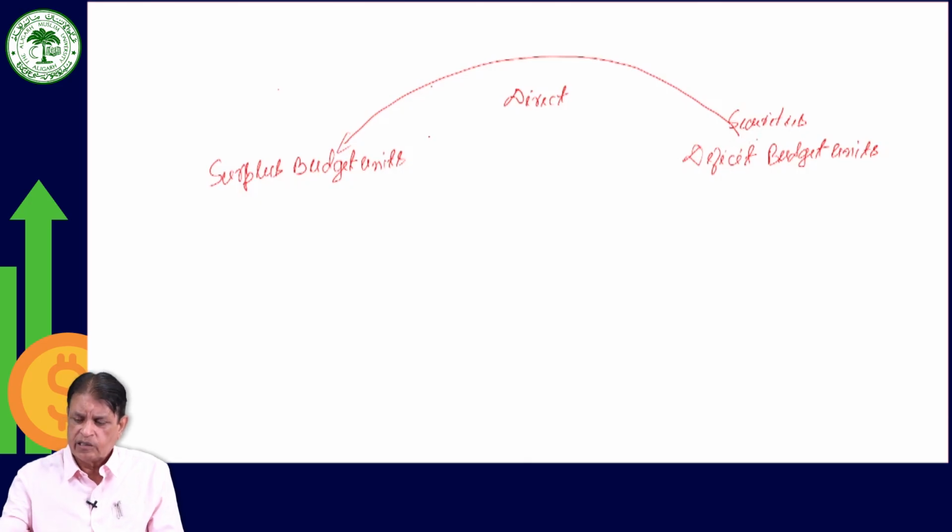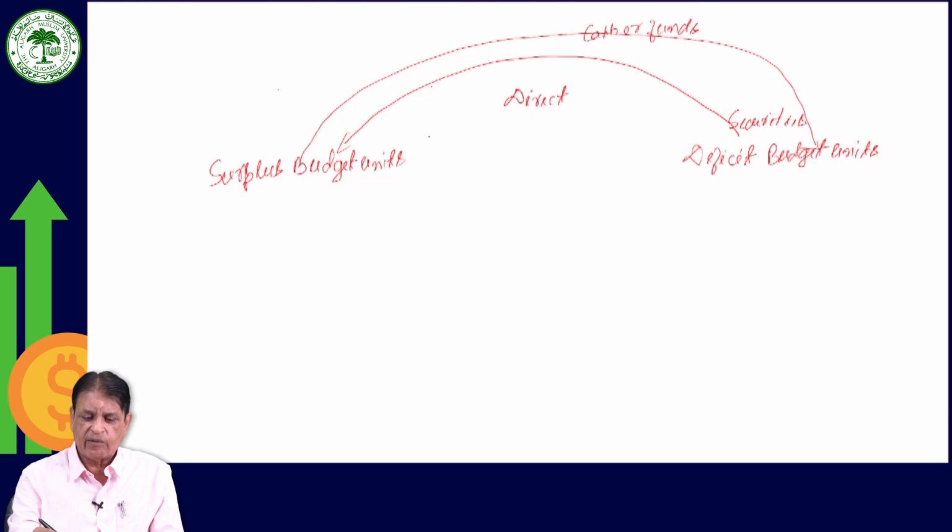These securities are purchased by the surplus budget units, and in return the surplus budget units provide the funds or cash. So, the funds move from the surplus budget units to the deficit budget units, and the securities move from the deficit budget units to the surplus budget units.